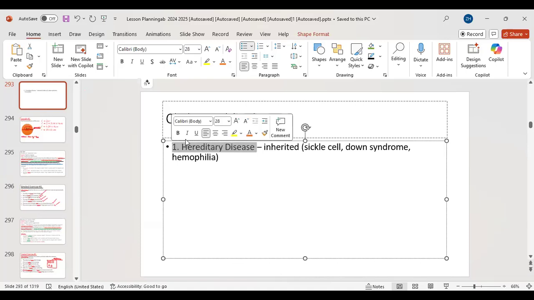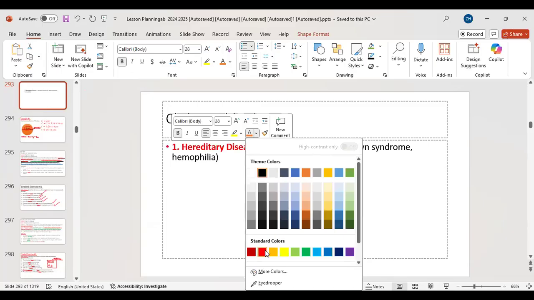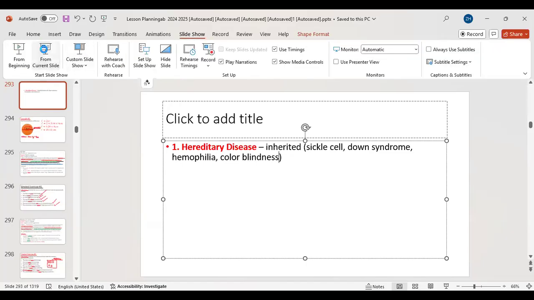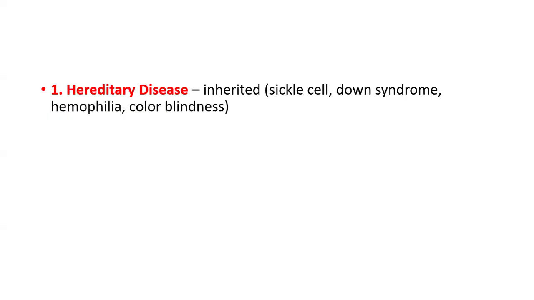All right. So this is the first category that we talk about. Hereditary diseases, inherited. Color blindness. Yes, go ahead. What about the pregnant mother to the baby? For HIV, yes, that could happen. But it doesn't necessarily happen.